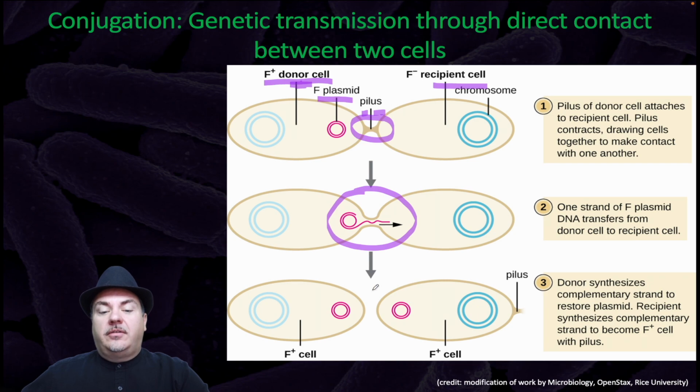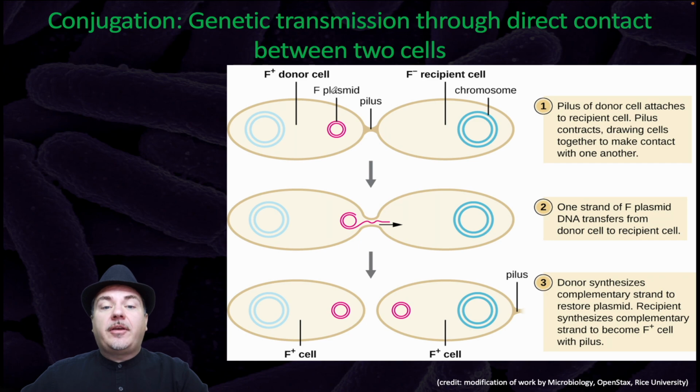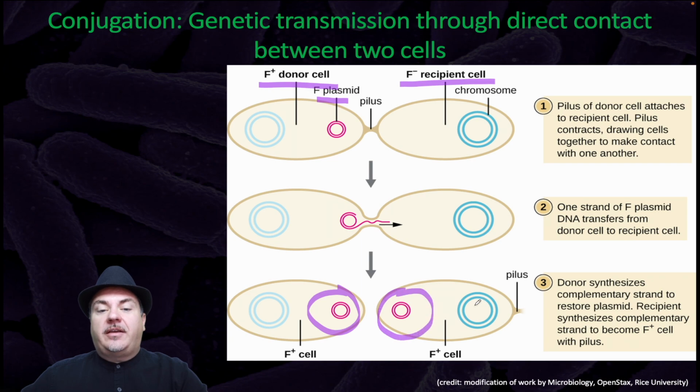The donor then synthesizes the complementary strand to restore the plasmid, and the recipient synthesizes the complementary strand to then become an F+ cell, which can create its own pilus now. So what's happening by the transfer of this F plasmid is it's turning this F- recipient cell into an F+ donor cell, because in the end, both cells now have the F plasmid.